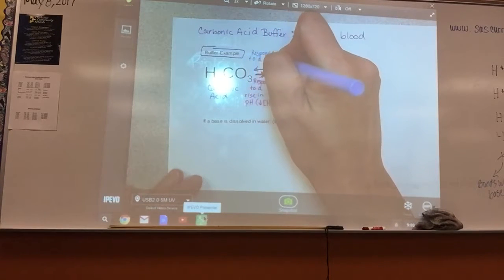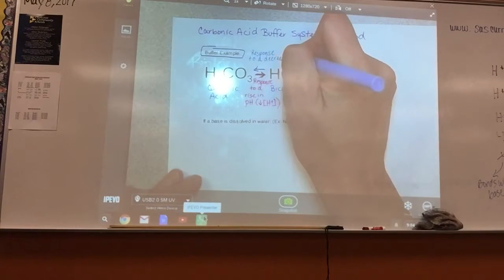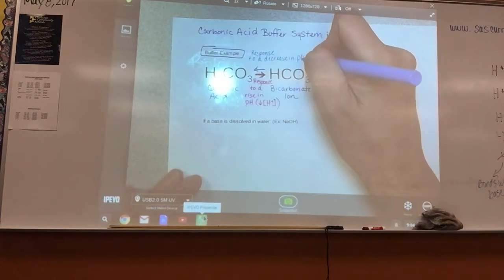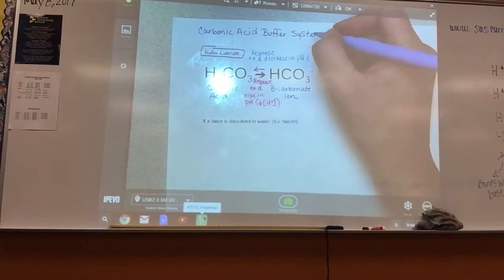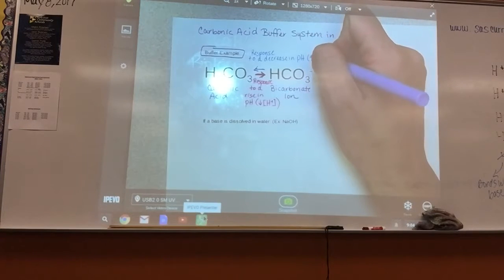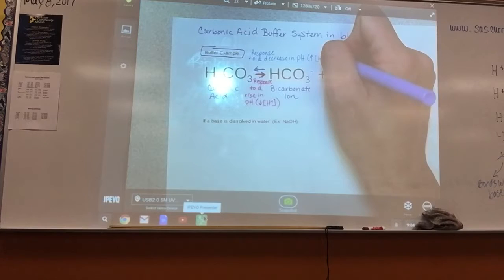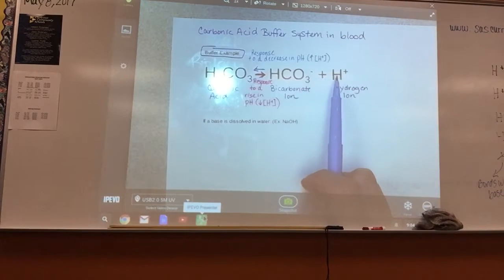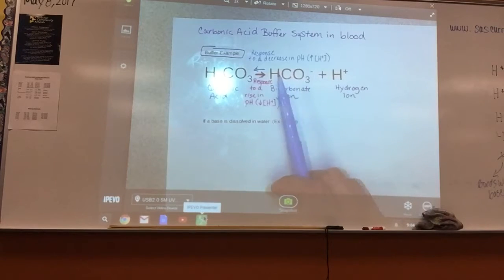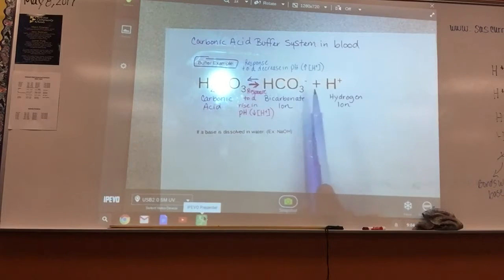Yeah, to a decrease in pH. Which means, what happens to the hydrogen ion concentration? It gets too high. It gets higher than the hydroxide ion concentration, so we're going to take out H pluses, bringing the concentration back to what it was. And so this oscillates back and forth depending upon what's going on, in this case, in the blood.